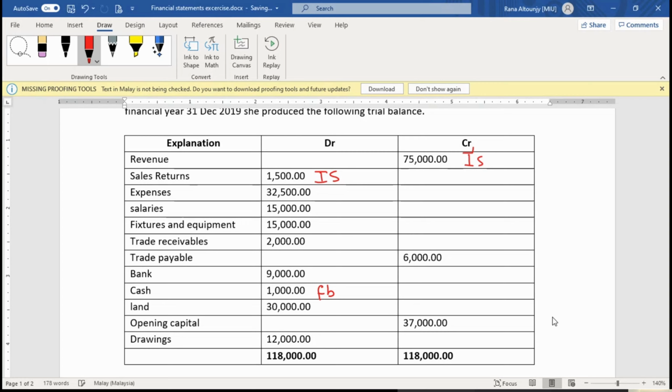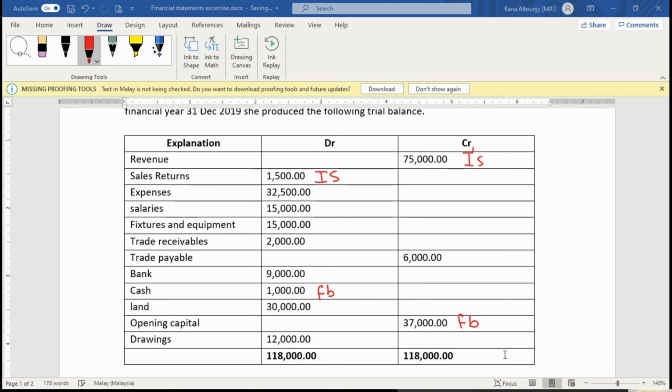Okay, where do we put the opening capital, financial position statement or income statement? Financial position statement. Good. That is correct.